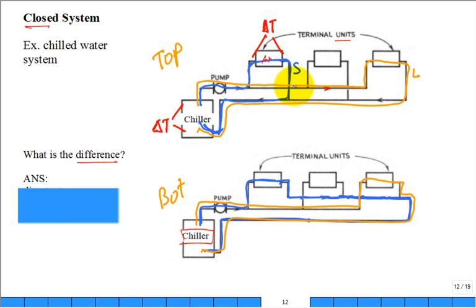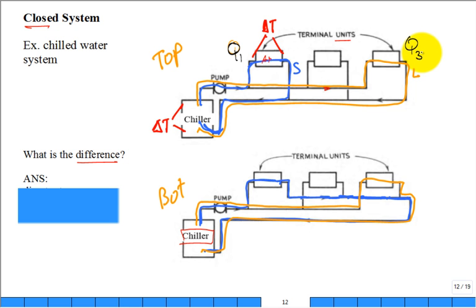Naturally, if they are the same diameter pipes in the system, the shorter one has less resistance, the same pressure gain from the pump, more flow is going to go through that first chiller. The flow rate, let's say Q1 going through this first chiller is going to be greater than Q3 of the top system.